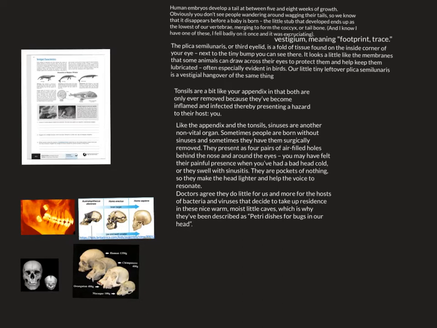They help resonate the voice a little bit, but other than that, there really is no reason to have these. In fact, one might even say it's detrimental to us because they're really the perfect example of a space that's moist and dark, ready for and open to bacterial infection. They're just collecting places for bacteria.